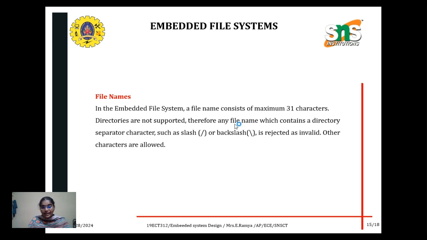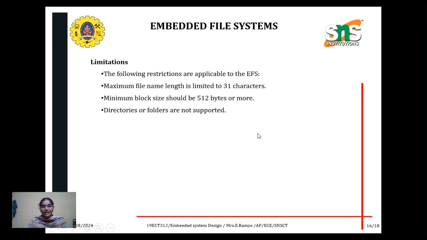Therefore, any file name which contains a directory separator character such as a slash or backslash is rejected. We can use only up to 31 characters in an embedded file name. So what is the disadvantage? That means the limitations of embedded file systems.